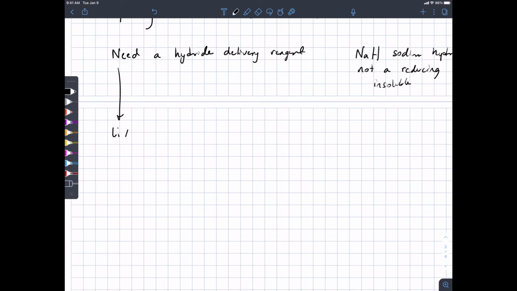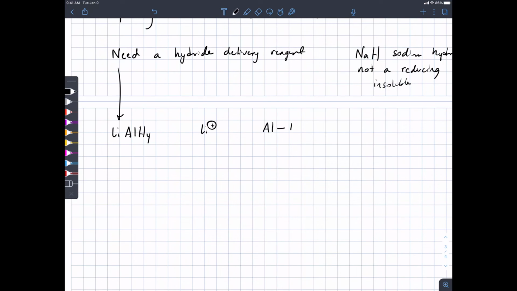It's called lithium aluminum hydride, and you will encounter it again and use it more extensively in 352. Lithium is the positively charged counter ion. For a lot of these reactions, the counter ion does matter, so lithium has some interesting properties which we don't need to talk about, but that's why we choose that counter ion.